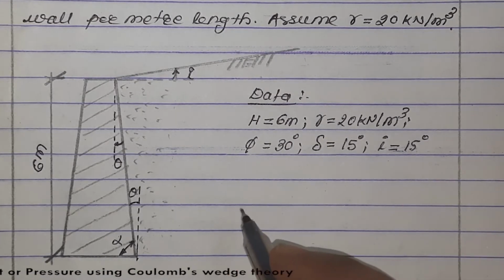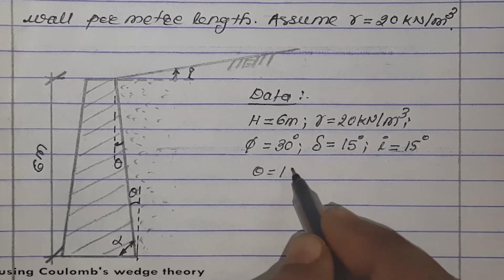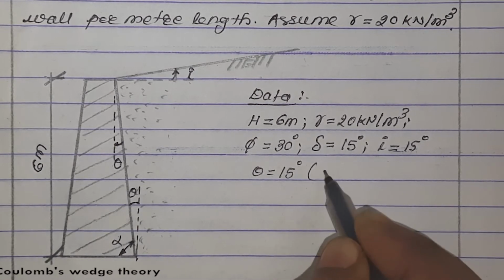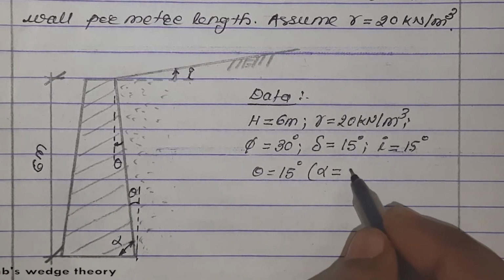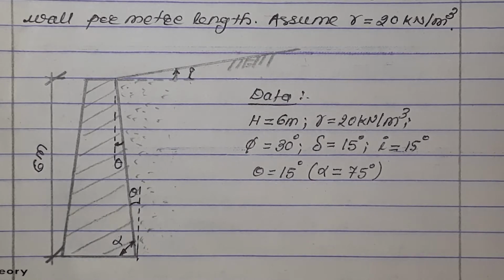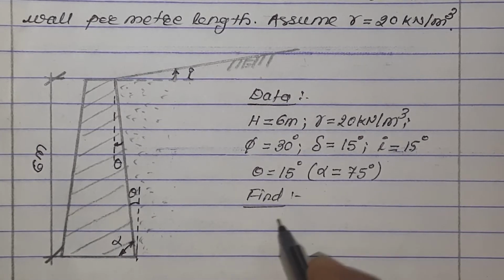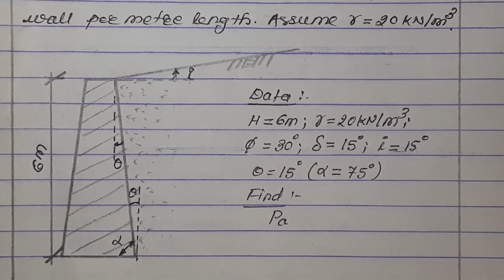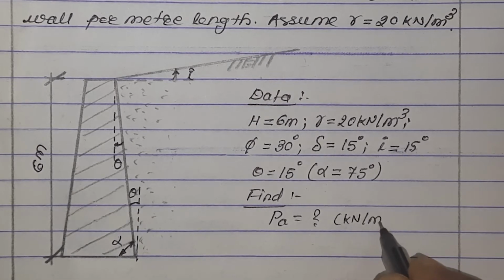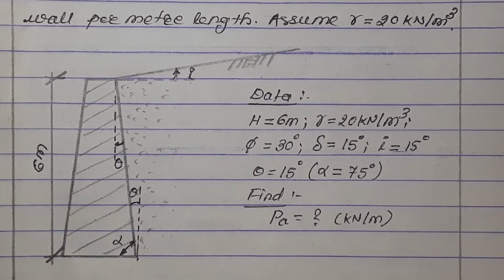Thereafter, this angle theta is given, theta is 15 degrees. Therefore, angle alpha is going to be 75 degrees, that is 90 minus 15. What do we want to find out? We want to find out the active thrust on the wall. It will be in kilonewton per meter.